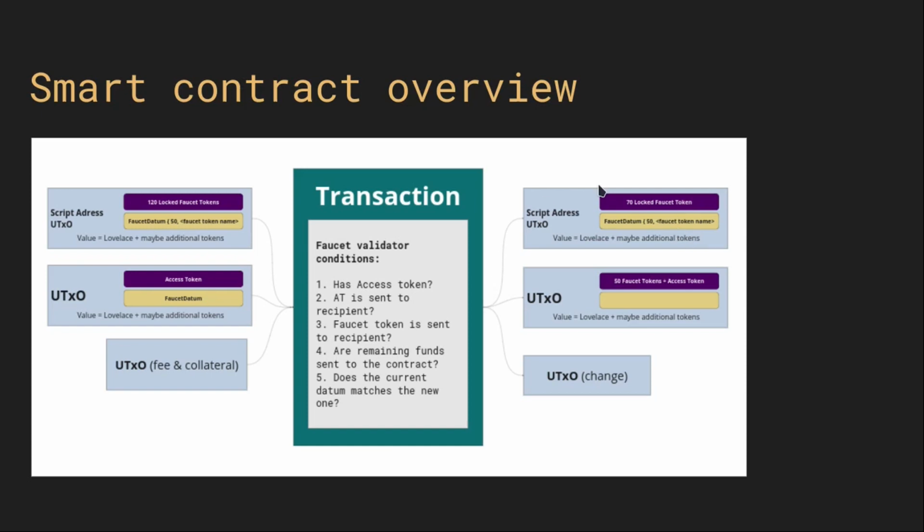So each time a person claims some faucet tokens, the counter is decremented, and if the datum counter is 0, nobody can claim more tokens from this faucet. That's another example that shows why the datum serves as state.